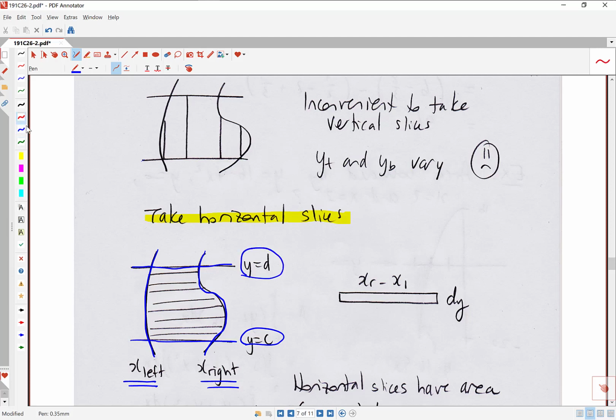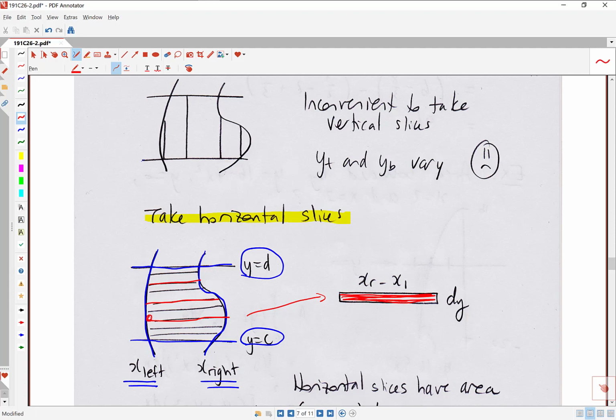So the idea is to fill this area with a whole bunch, in fact, infinitely many, of these infinitely thin horizontal slices. And let's just zoom in on one of these horizontal slices. So zooming in on it over here. Here's a zoomed in version of this horizontal slice. So let's think about the length of it.